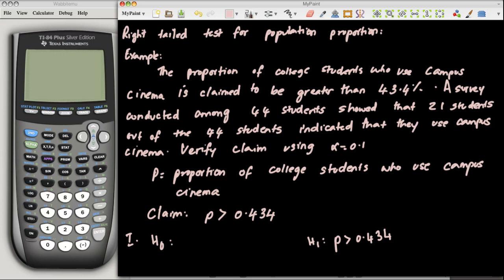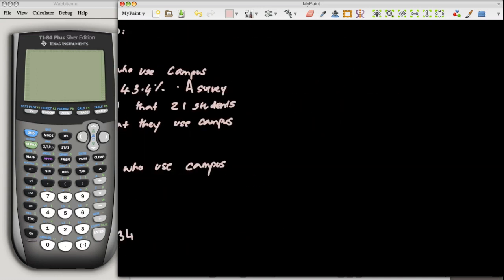So the null is the complement of the alternative, the exact opposite of what you see here. The exact opposite of P greater than 0.434 is P less than or equal to 0.434. Step 1 is now complete.